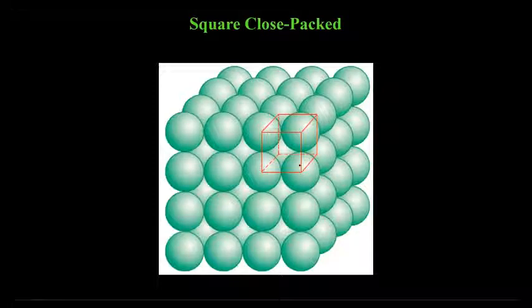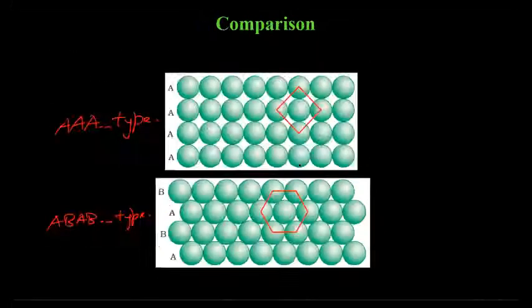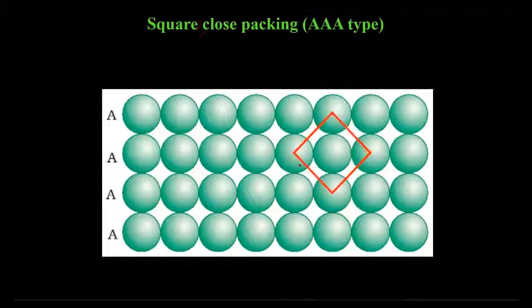So this is a square closed pack. Remember, here we have kept these type of layers one over the other, exactly one over the other, means one atom is over the other atom.